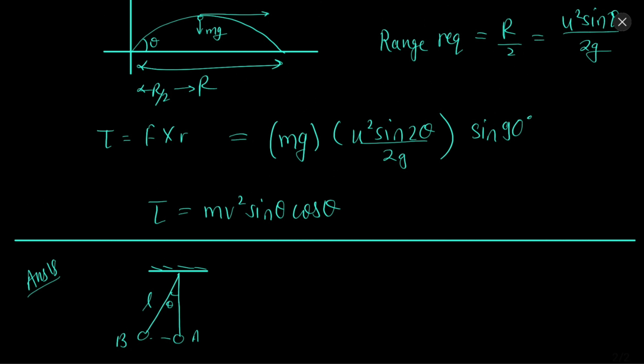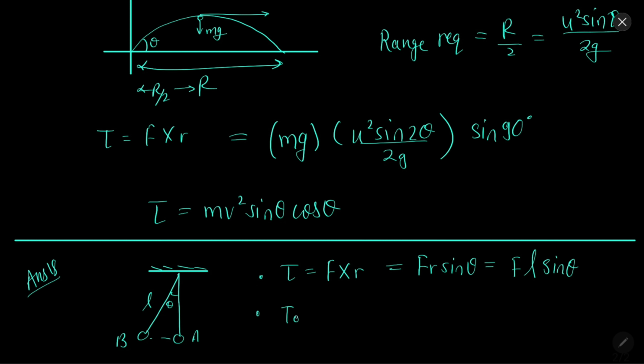So when the bob is at angle theta with the vertical, torque can be found out by F cross R. Now this can be written like F R sin theta, and this can be written as F into L sin theta, because the distance is L. So this is the torque, part A. And another thing that they are asking is, when will the torque be 0?